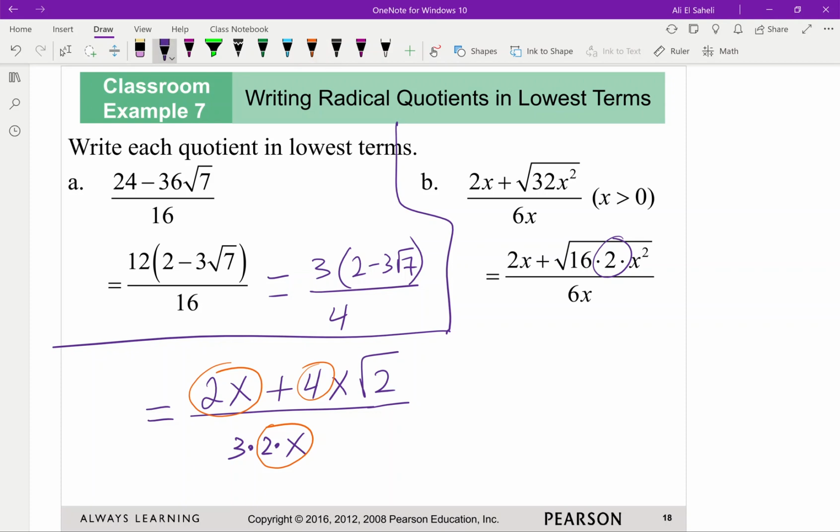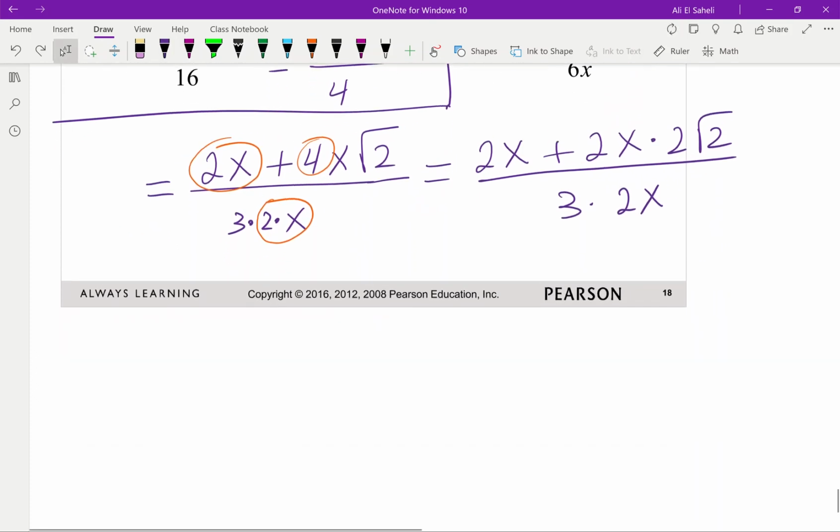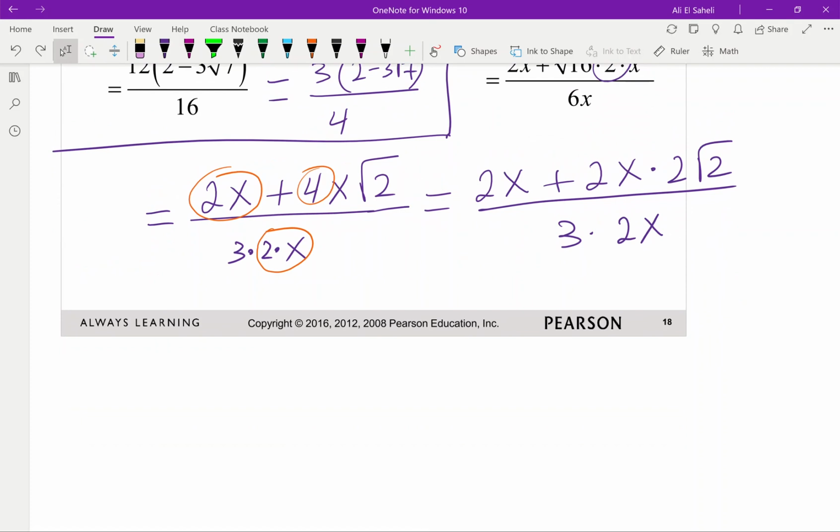So what we have is 2x plus 2x times 2 radical 2 in the denominator over 3 times 2x. Okay, so this is this. You can take 2x common in the denominator.